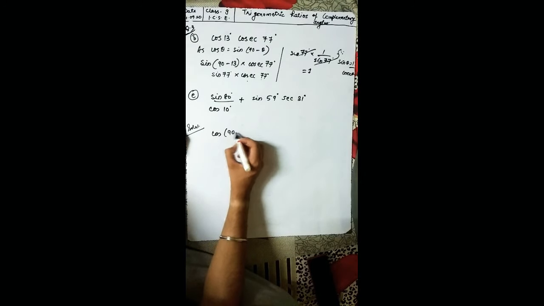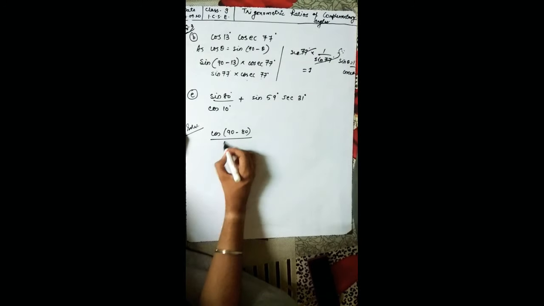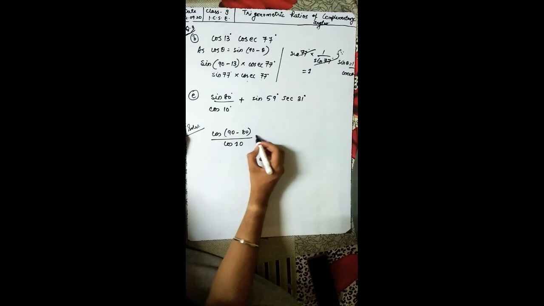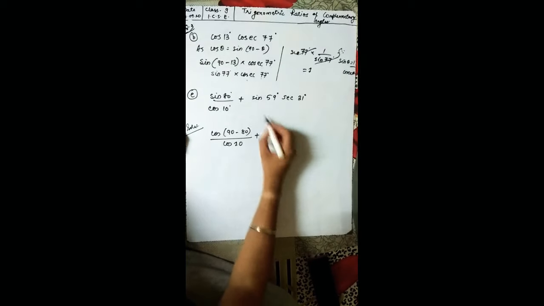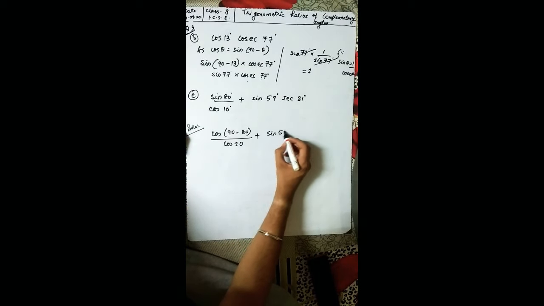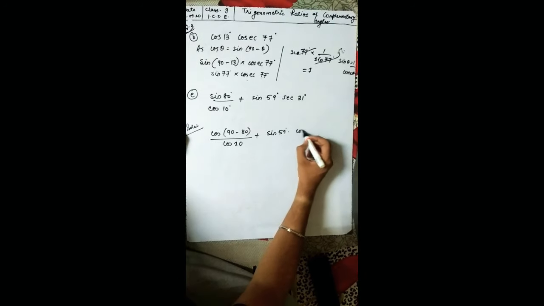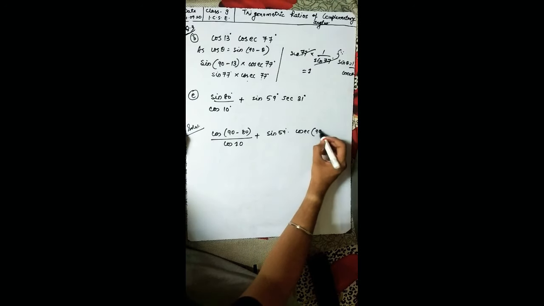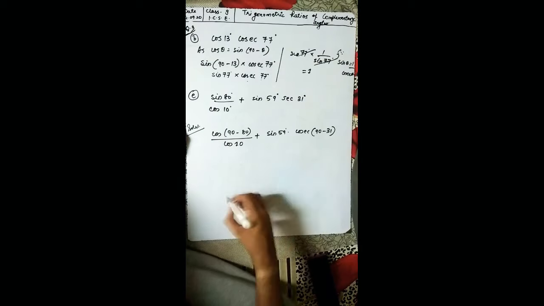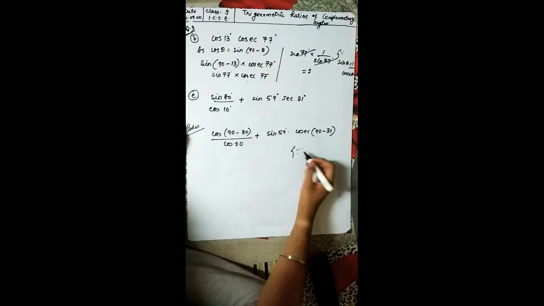Now let us come to E1. Again, sin theta can be written as cos 90 minus theta. Here sin 59. Sec theta can be written as cosec 90 minus theta. So you write whatever you have changed.